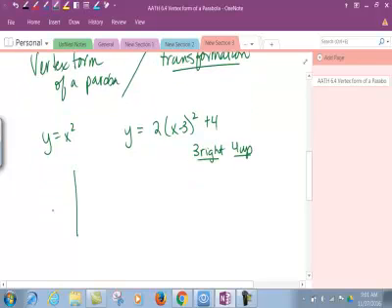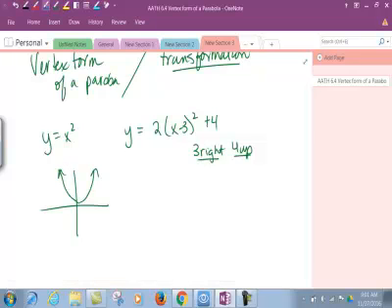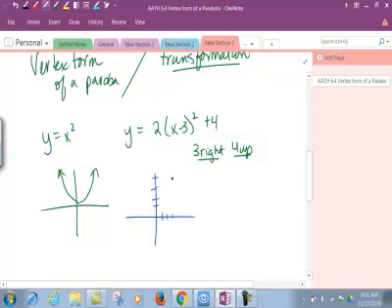If this is the graph of x squared, then the transformed graph would be 3 to the right, 4 up. Same direction of opening. It would be a little bit narrower because of the 2, but the idea is that when you do a transformation on the basic graph of y equals x squared, you've put the parabola in vertex form.